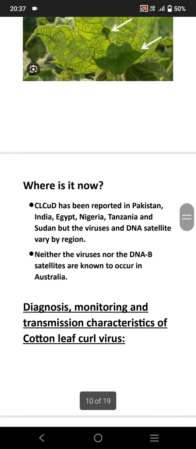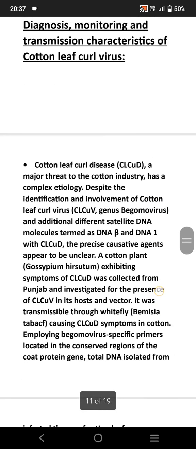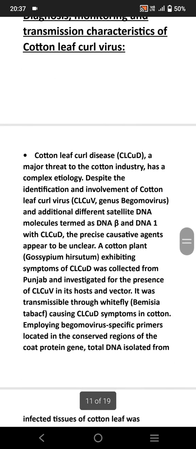Diagnosis, monitoring, and transmission characteristics of cotton leaf curl virus. Cotton leaf curl disease, a major threat to the cotton industry, has a complex etiology. Despite the identification and involvement of cotton leaf curl virus and additional different satellite DNA molecules termed DNA beta and DNA1 with cotton leaf curl disease, the precise causative agents appear to be unclear.